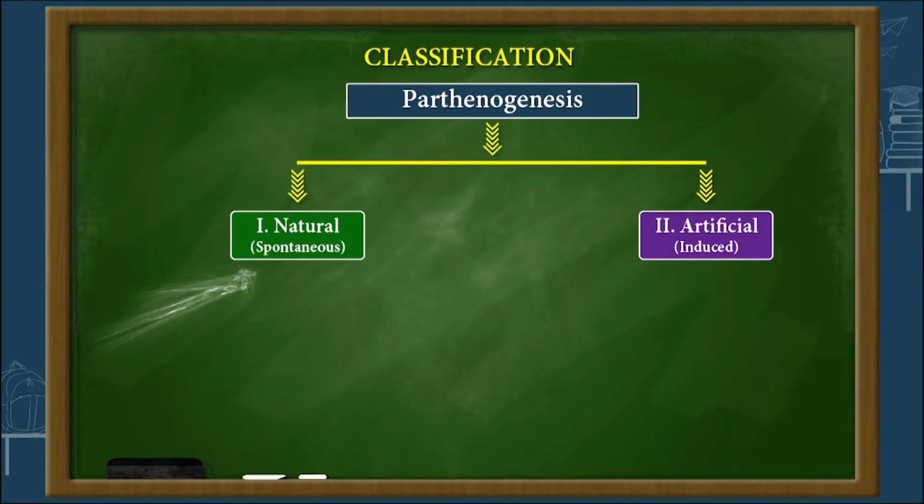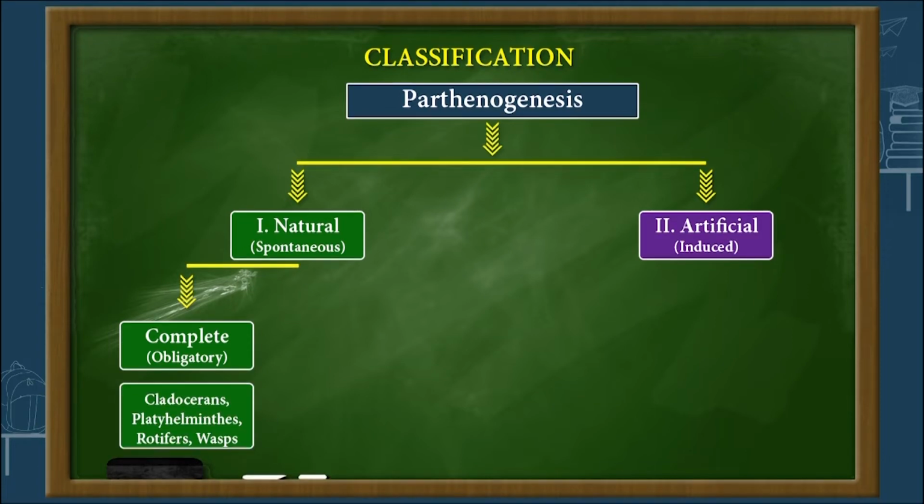Natural parthenogenesis can be further classified into two types, that is complete parthenogenesis, which is obligatory, meaning the individuals completely reproduce by the parthenogenesis process. These are found in cladocerans such as Daphnia, Platyhelminthes, rotifers, and wasps.